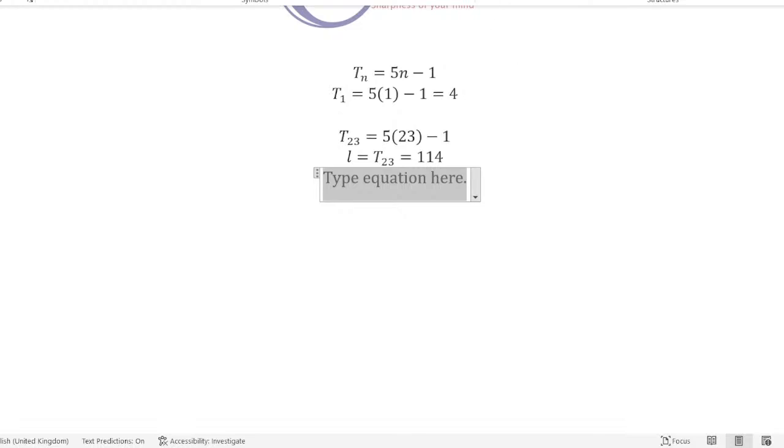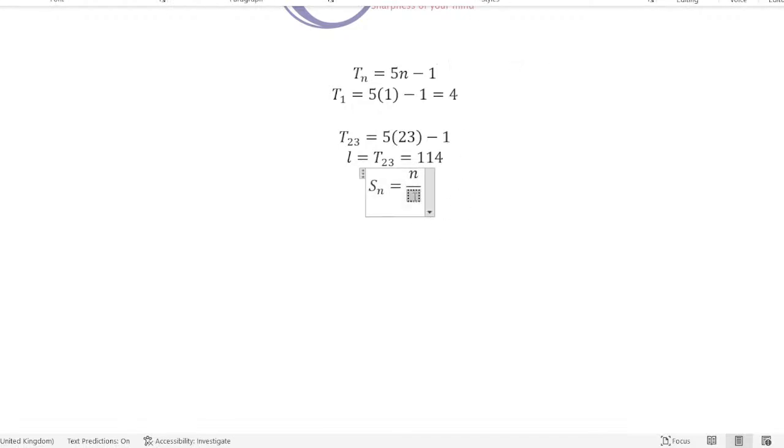But when the last term is given, Sn is equal to n over 2 into a plus l, the first term plus the last term l.